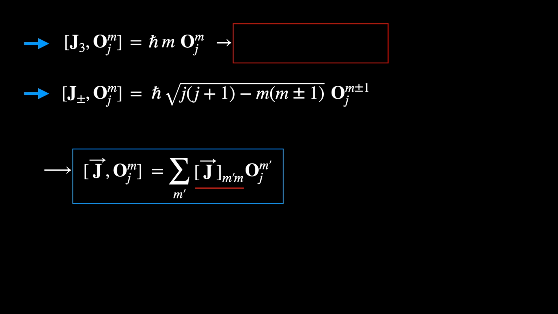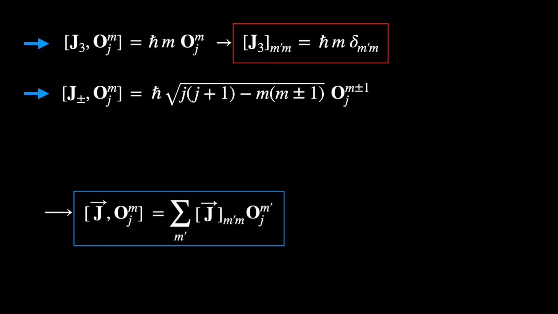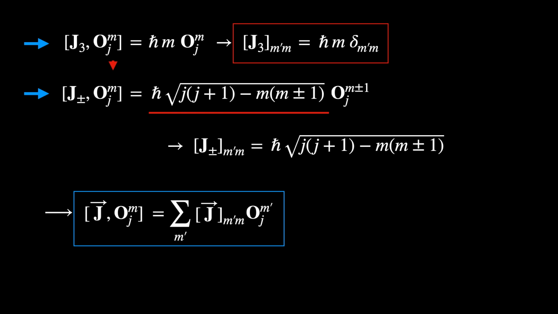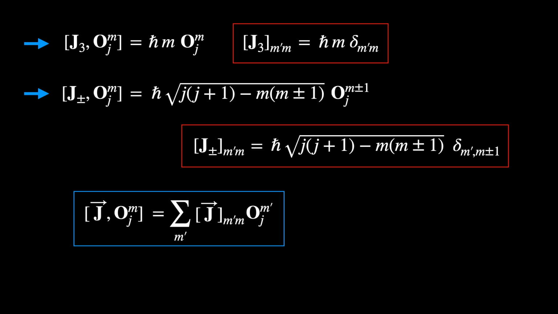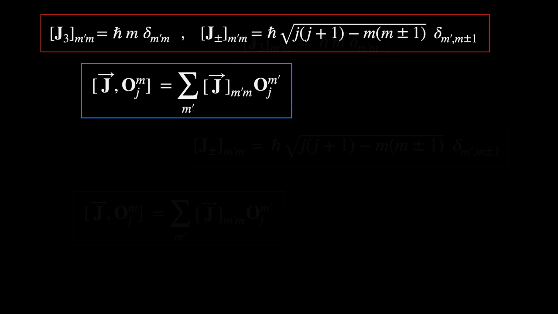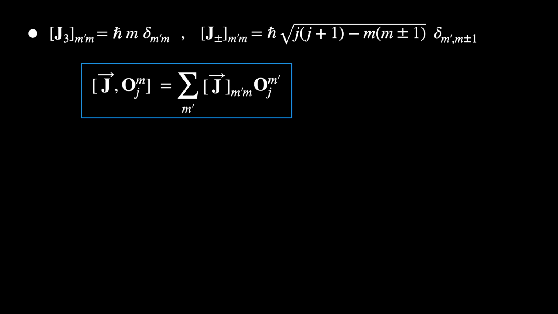The matrix of J3 is simply a diagonal matrix with values h bar times m. Now for the matrices of J plus minus. These matrices, together with the commutators with the rotation generators J's, completely determine how the operator OJM transforms under rotations.